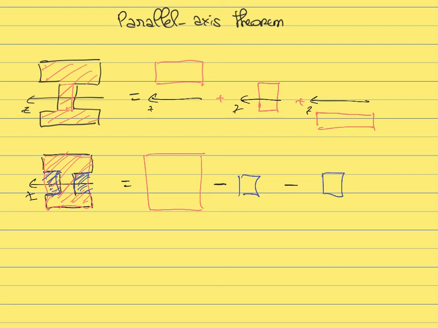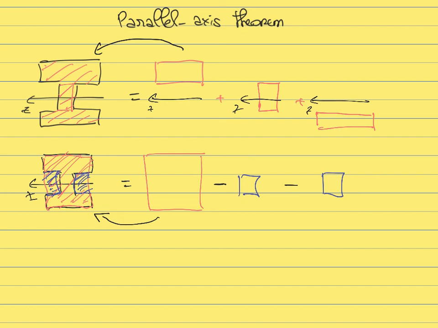So how do we go from what we know how to calculate, which are the moments of inertia of the beams on the right here, like the rectangle, because we have a formula for the rectangle, and how do we combine them to calculate the moment of inertia of the I-beam that is a more complex shape?